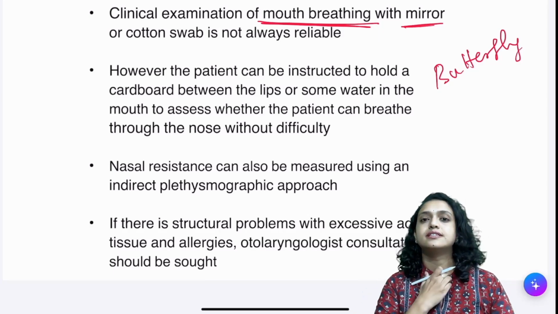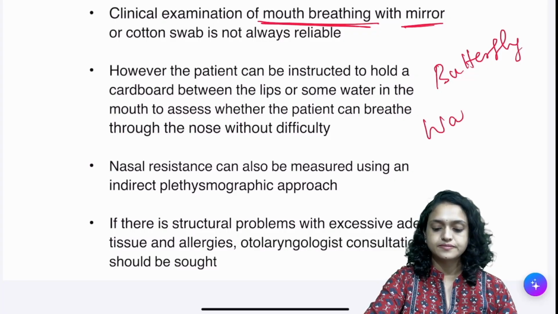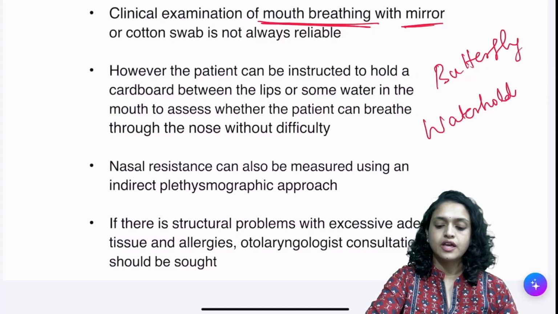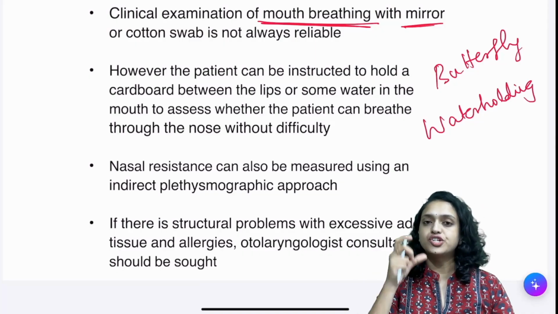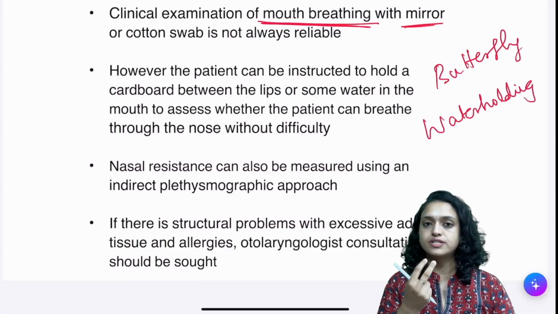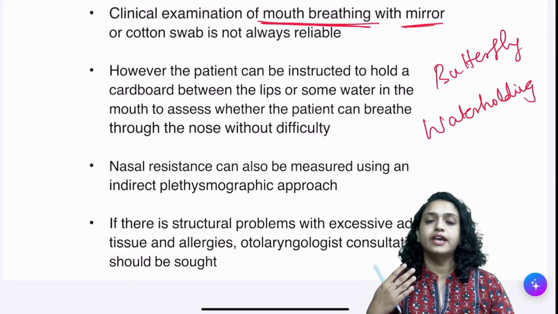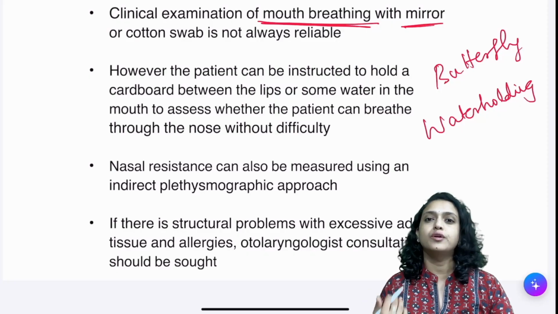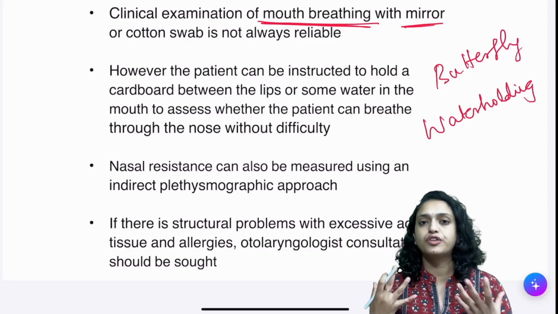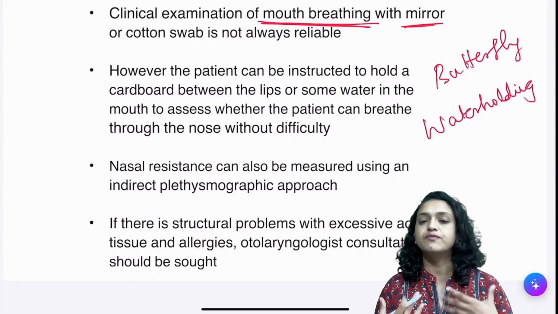Next is the water holding test. If the patient is an obligate mouth breather, ask the patient to fill the mouth with water, close it, and breathe. If they can breathe through the nose, they will be comfortable. But if they are chronic mouth breathers, they will not be able to hold the water in their mouth for a long time without breathing.